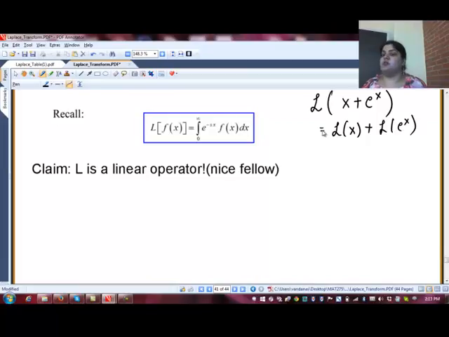So this is where linearity comes into play. If it's linear, you can see from the table, which will be given to you in the exam, the Laplace transform of x and e to the x, and you find them and you add them. That's it. You don't have to plug this function back into the definition.